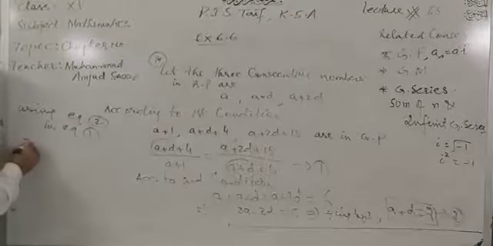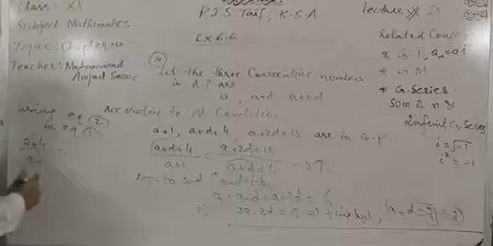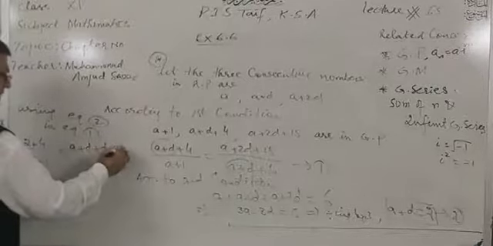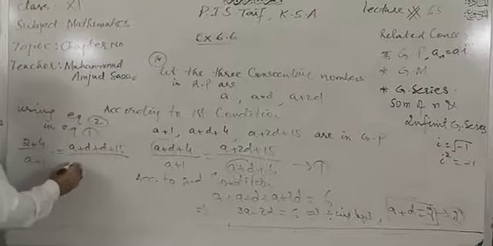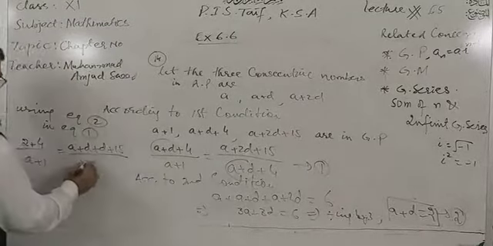So this is 2 plus 4 over A plus 1 is equal to A plus D plus 15 over 2 plus 4.